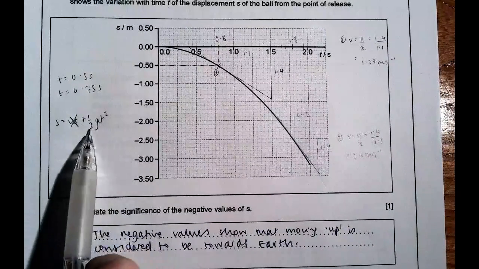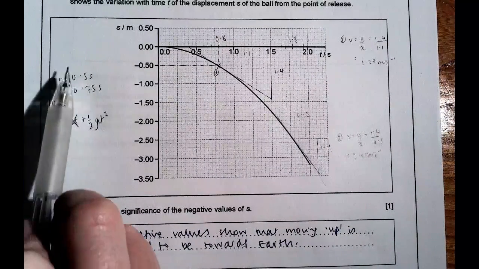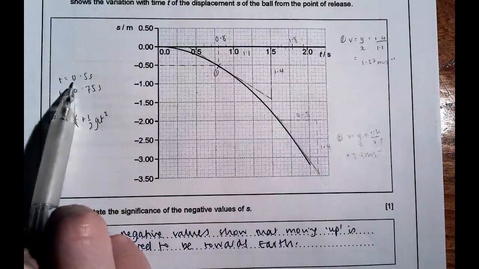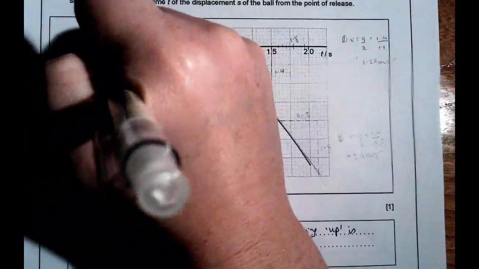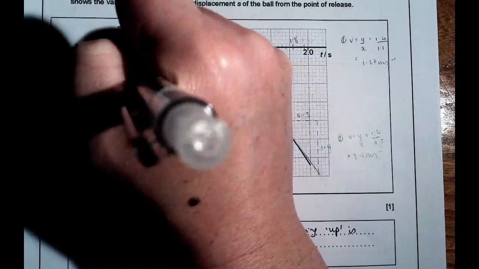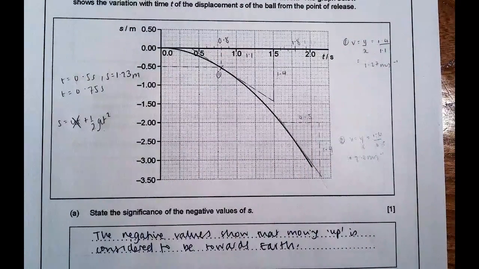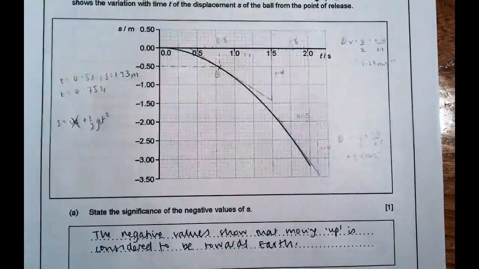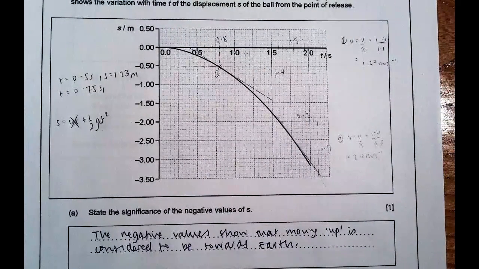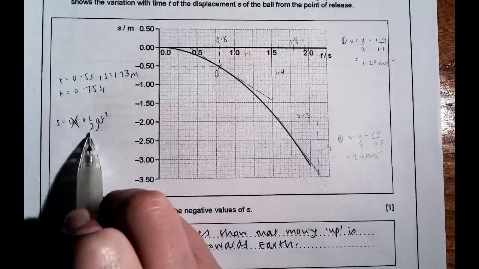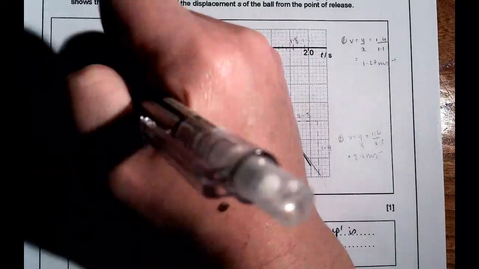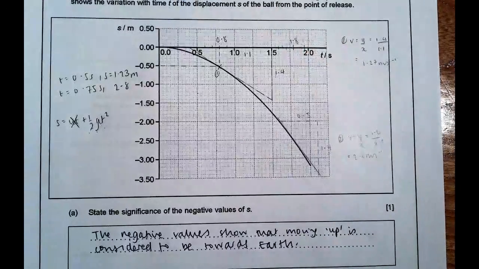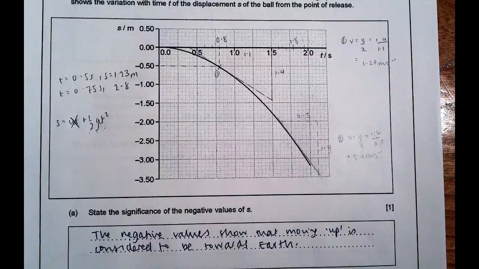So all I'm going to do is 0.5 times 9.81 times 0.5 squared, and that gives me 1.23. Forgive me for not showing all the working there, I did it earlier. And then again for t is 0.75 seconds, so I'm doing 0.5 times 9.81 times 0.75 squared, and I get 2.8 meters.